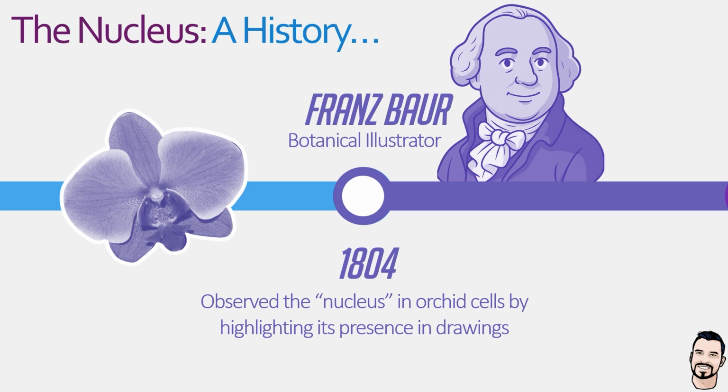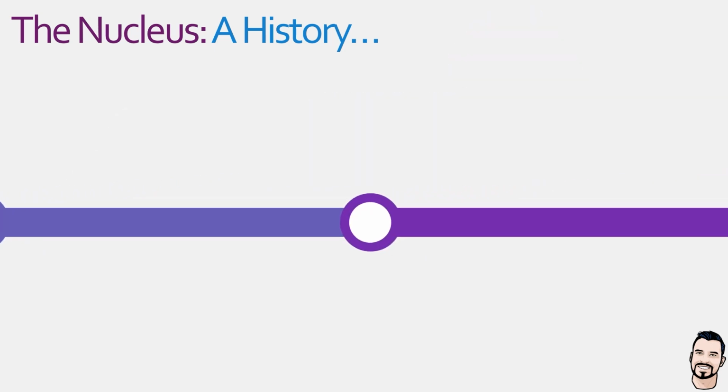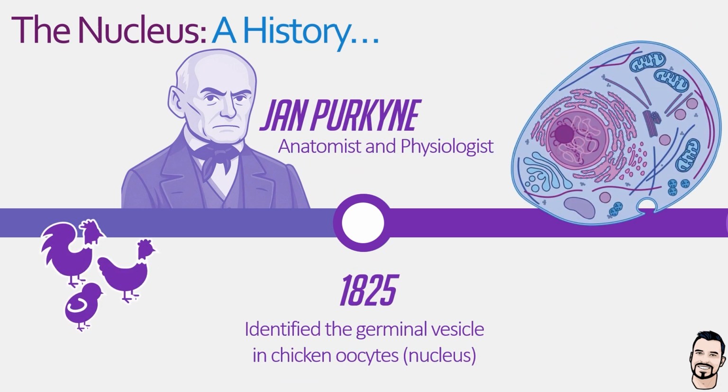Now, working independently around 1825, we come to Jan Purkyne, a Czech anatomist and physiologist whose work built upon earlier observations of cellular structures. And so, while studying the microscopic anatomy of chicken oocytes, Purkyne identified a distinct rounded structure within the cell, what he called the germinal vesicle.